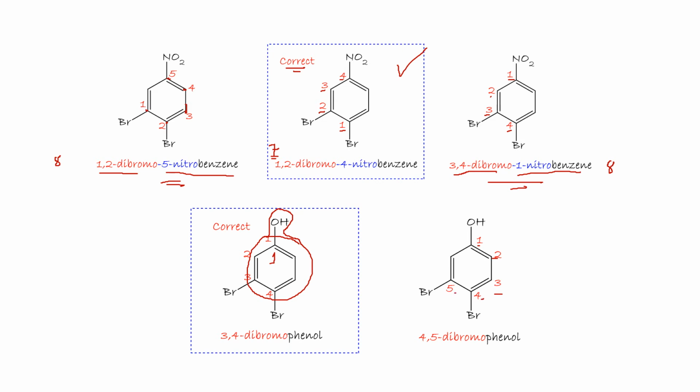According to this, the name will be 3,4-dibromophenol, 3 and 4 make 7. Here it is 4,5-dibromophenol, that's 9. This is the correct name.